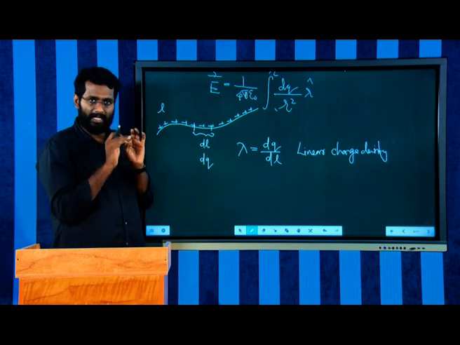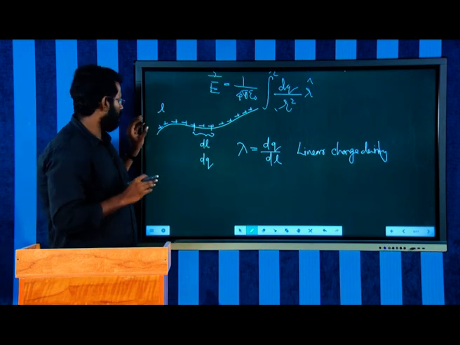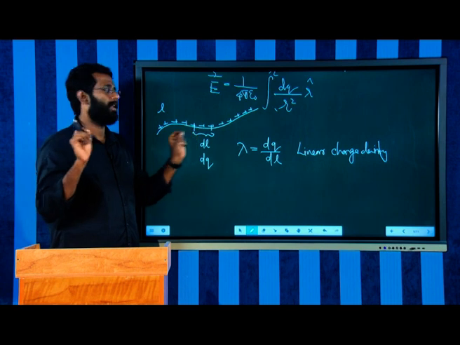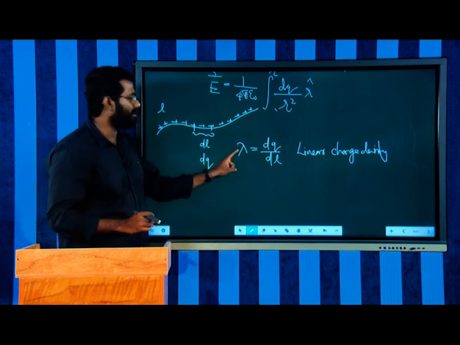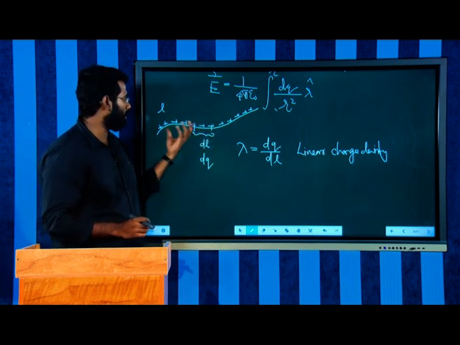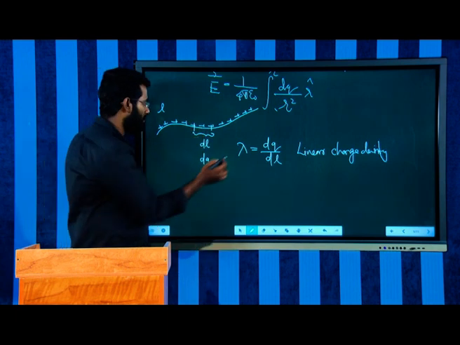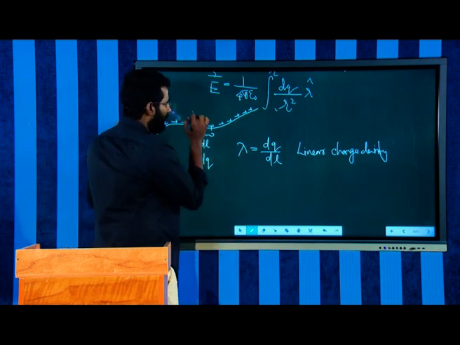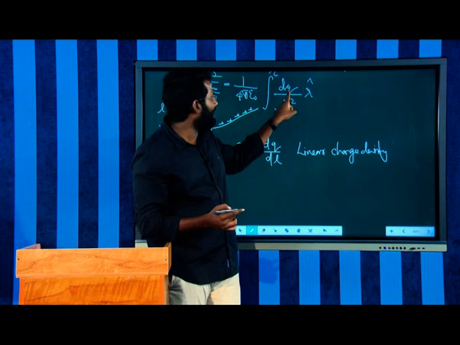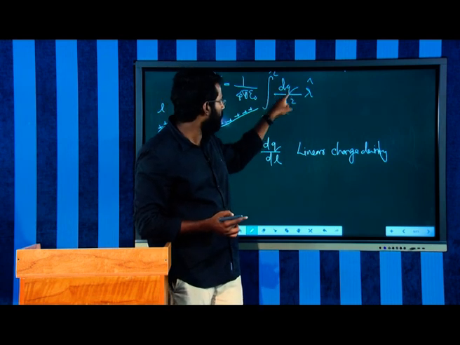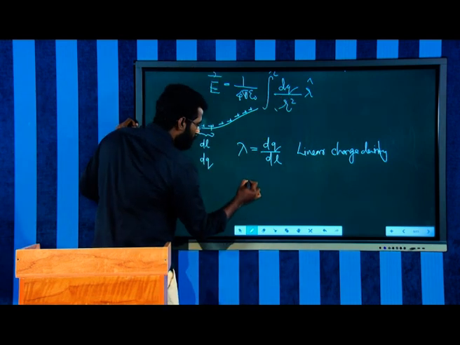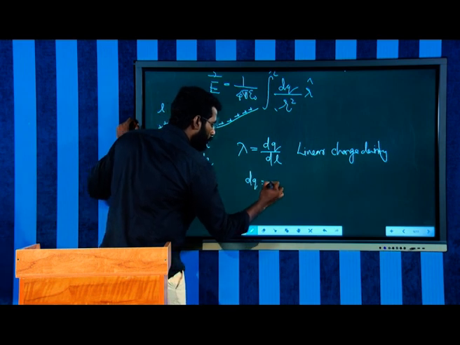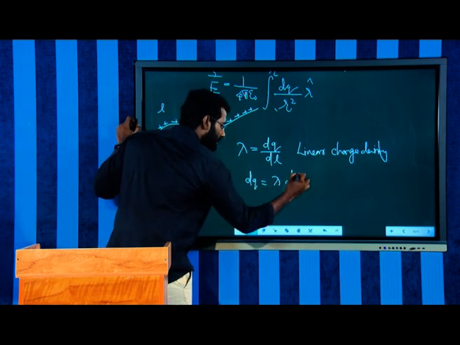So, when we are dealing with a line or an object whose length is very important, we can consider this lambda instead of anything else. This becomes very simple. What is the advantage of this formulation? In this equation what we need is dq. So, instead of this dq we can substitute dq is equal to lambda dl.